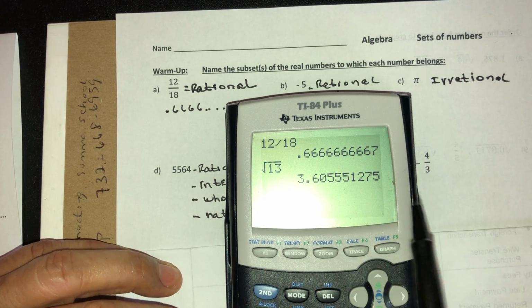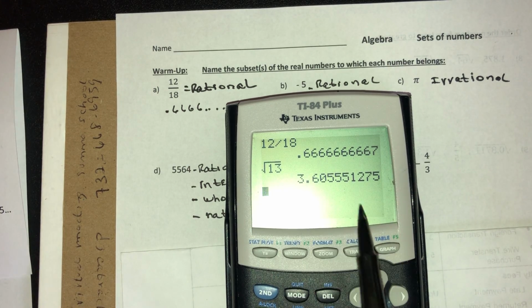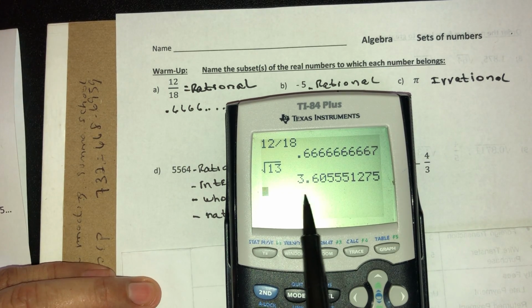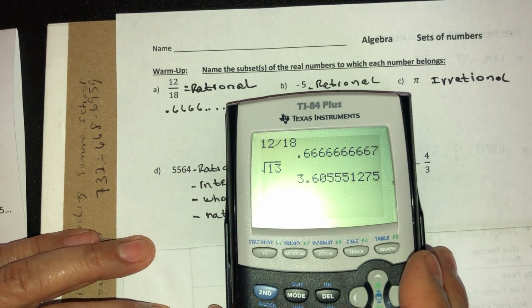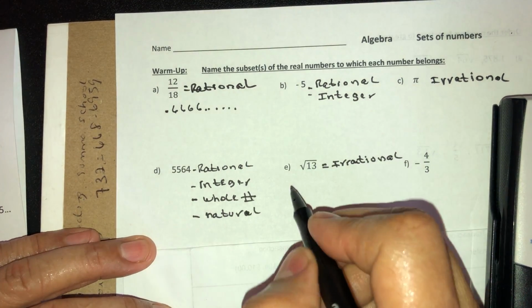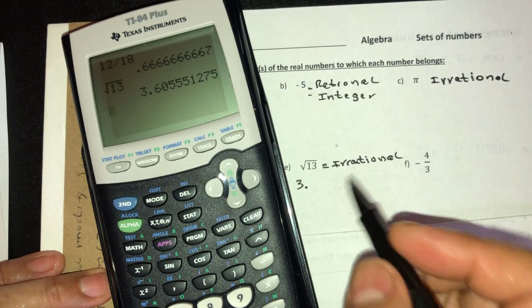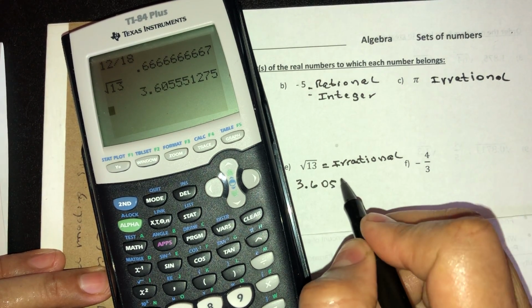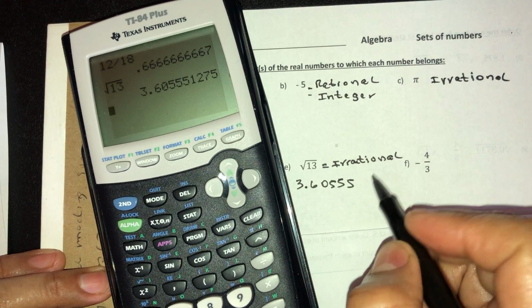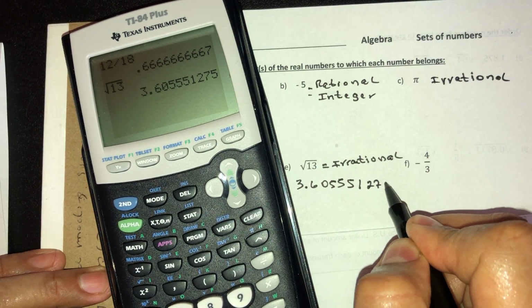3.605551275. That number goes into infinity. It doesn't end. The calculator only gives you a chance to write 10 numbers. So because it doesn't end and doesn't have any pattern, it's also irrational, okay? So if you want to convert this to decimal, we know that it's 3.605551275.